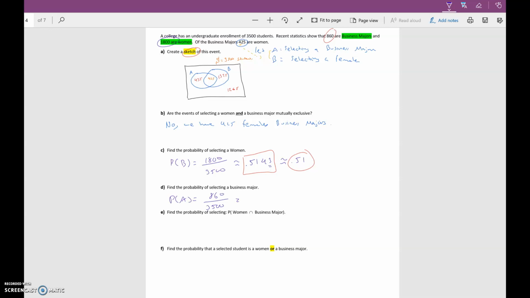So I'm getting that this is approximately 0.2457, or 0.25. If they wanted 4 decimal places, it would be 0.2457, and then to 2 decimal places, 0.25.